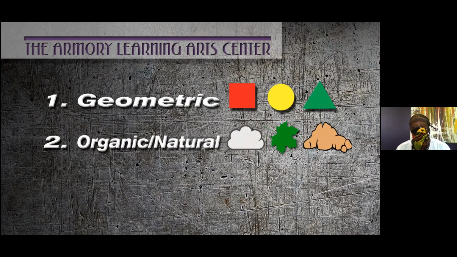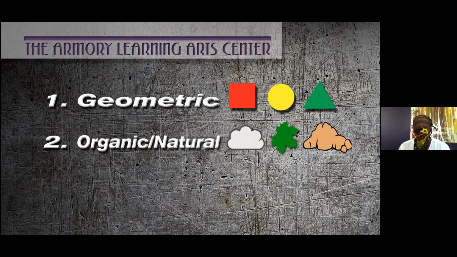These are shapes that you find in nature, like a cloud. A cloud is an organic or natural shape. A leaf is an organic or natural shape. And the same thing with a rock. These are things that have irregular contours. And so they are organic or natural, things that you find in nature.